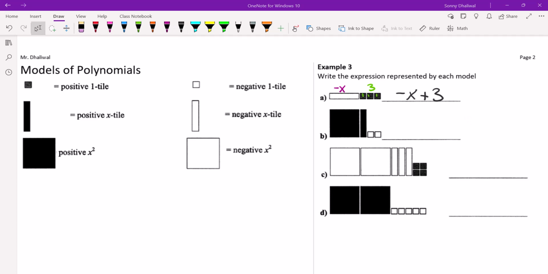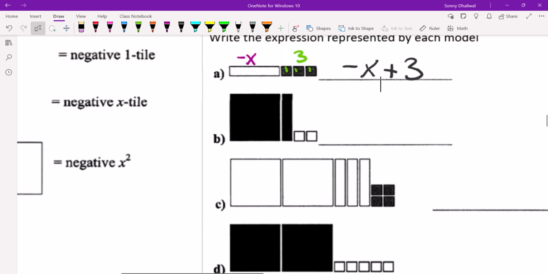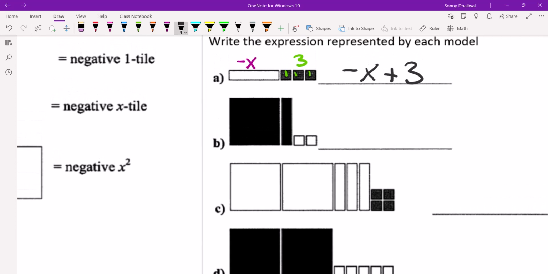Go a little bit slower through these. Now, here, first step, just identify the shape. This is an x squared. This is an x. These are negative 1s. So just go from left to right. So we have our first shape is x squared. The coefficient that we put in front tells us how many we have.